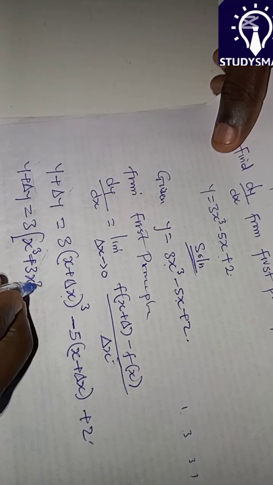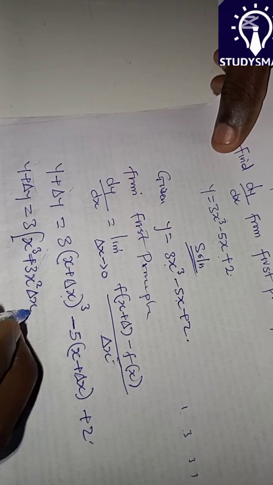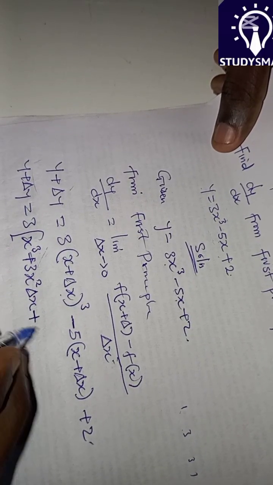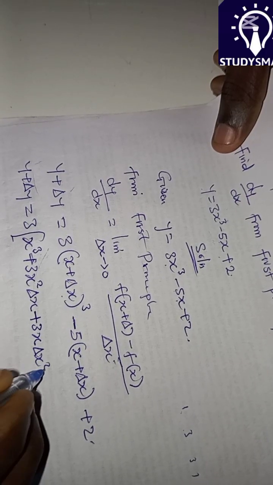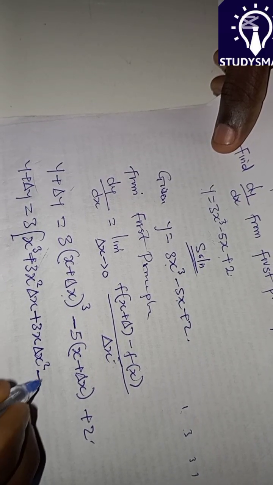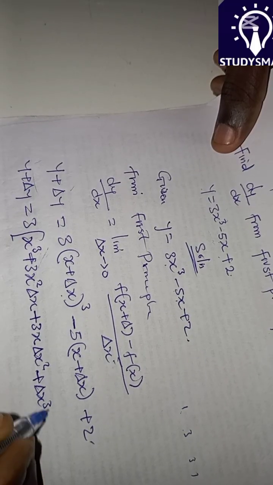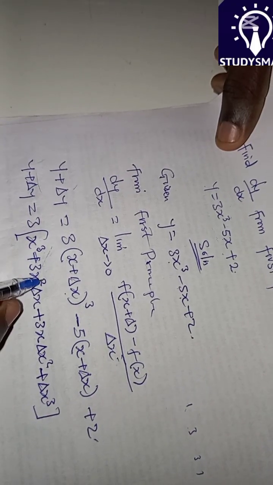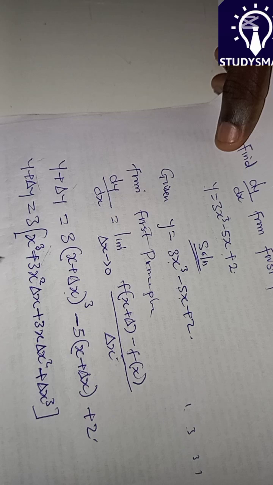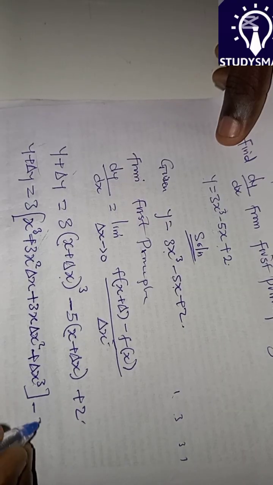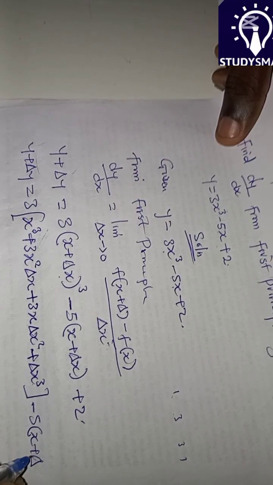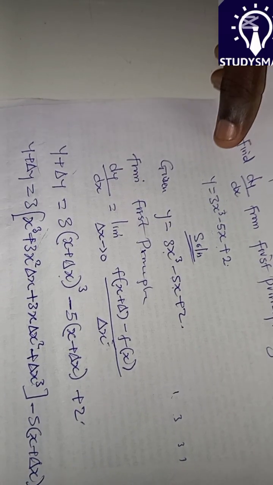So I have x squared delta x plus the next coefficient there, which is 3, 3x delta x squared. Then the next coefficient there is 1, delta x cubed. So you can see that x here is reducing from 3 to 0, while delta x is increasing from 0 to 3. So I have minus 5 into x plus delta x, plus 2 here.